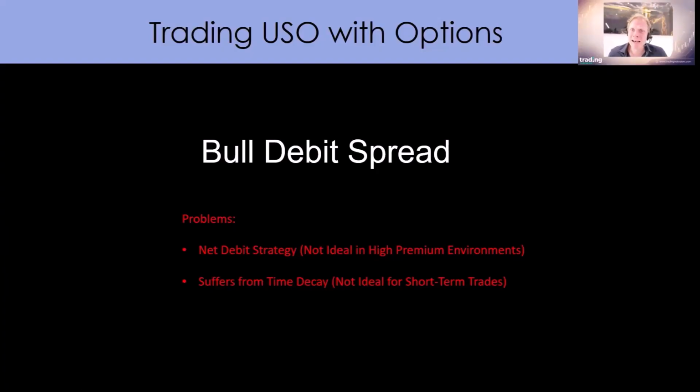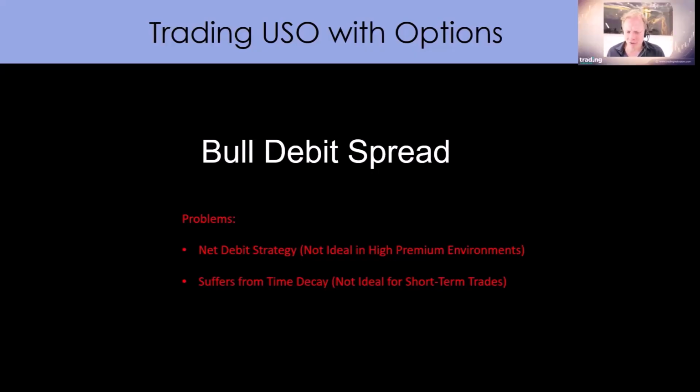And secondly, I remember my short-term time horizon for this trade. I think this is going to be a short-term bounce. In the long run, my outlook for oil and USO is not so bullish. So this should be a quick trade.